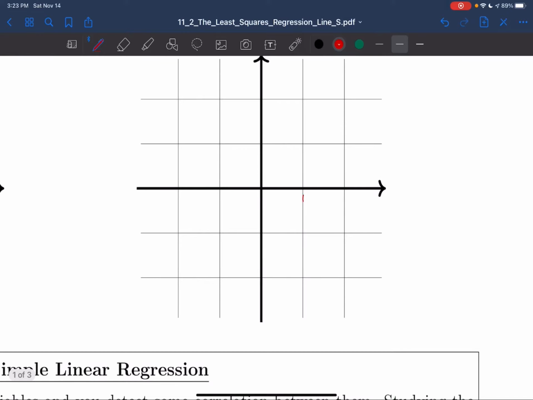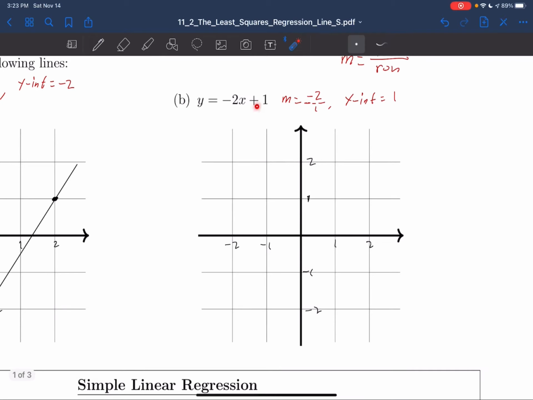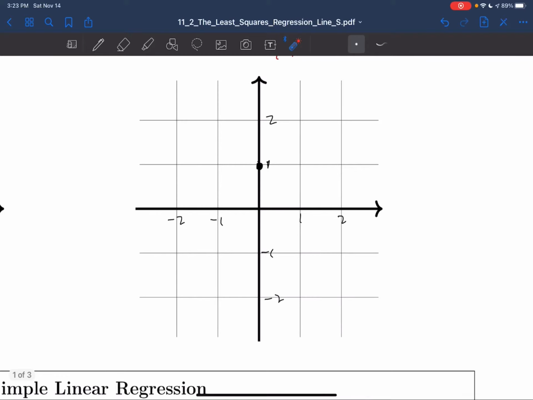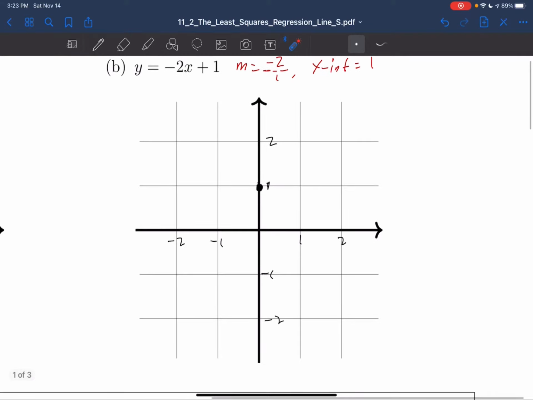Let's label the axes: 1, 2, negative 1, negative 2. First thing you want to identify is your y-intercept, which is 1. So you go to 1 here. Your slope is negative 2, or negative 2 over 1. Since this is negative, you go down 2 and to the right 1.